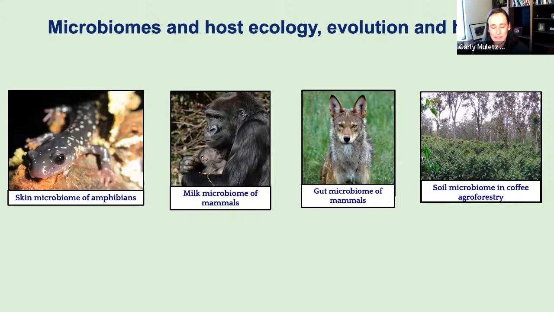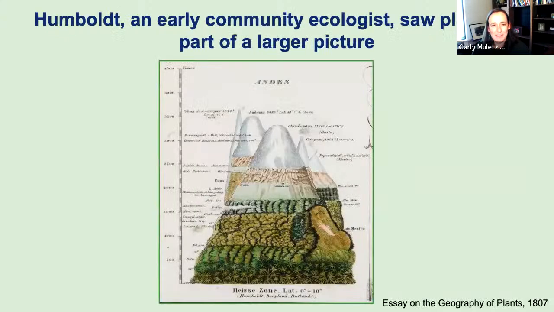When I think about these systems, I often think back to the early community ecologists, such as Alexander Humboldt, who wrote in a book in 1807, the essay on the geography of plants, looking at how plants were distributed across mountains in Central and South America.